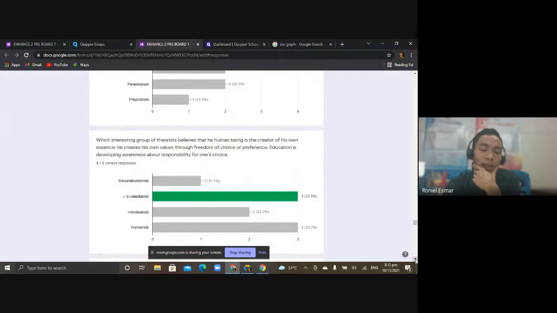Next, which group of theories believes that the human being is the creator of his own essence? Take note, the creator of his own essence or of his own purpose. So just from the idea, you can already identify that it's existentialist. Existentialism is the belief because according to existentialism, we have to live our life first before finding its essence and not the other way around.